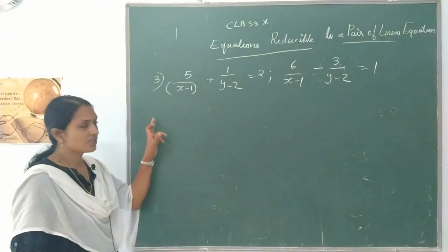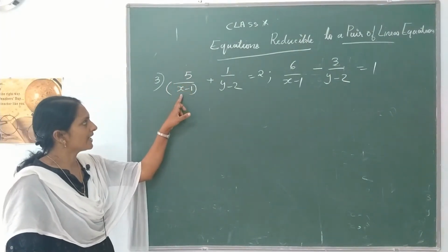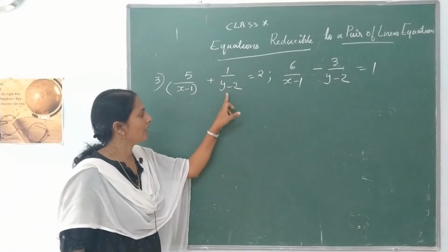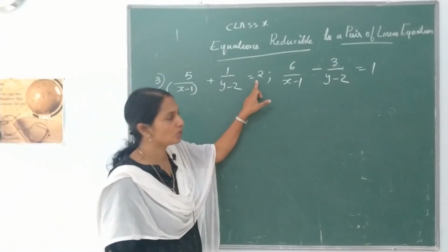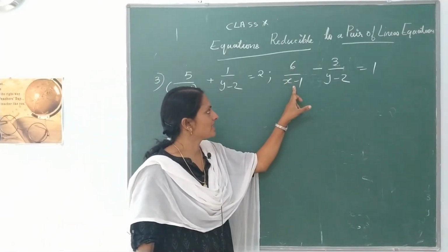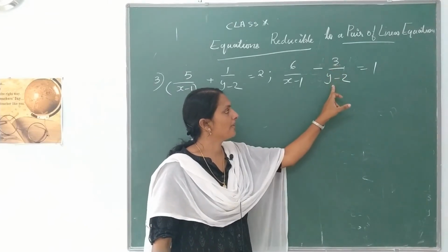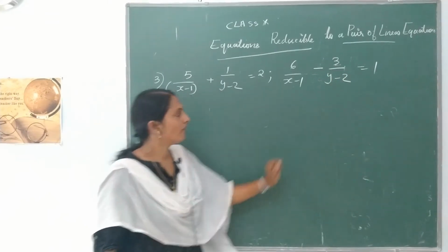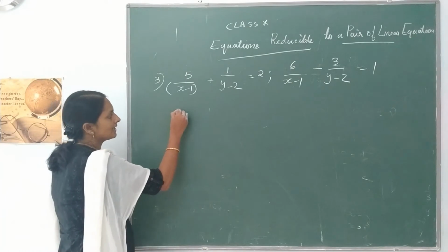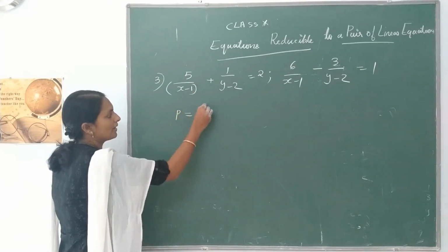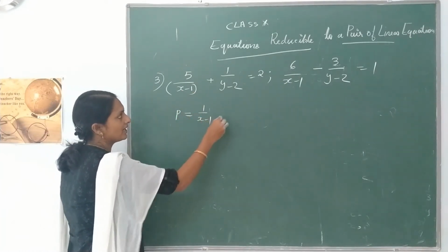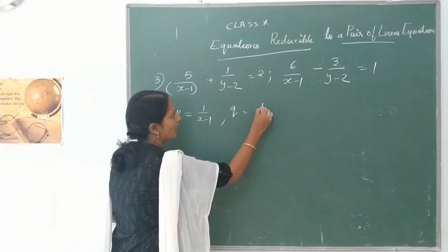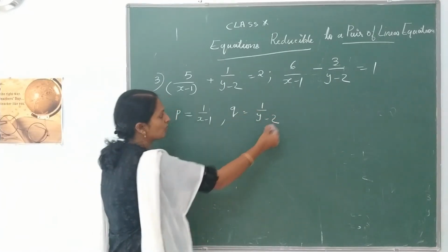That's all. Next question, 5 by x minus 1 plus 1 by y minus 2 is equal to 2, and 6 by x minus 1 minus 3 by y minus 2 is equal to 1. Then consider this as p as 1 by x minus 1 and q as 1 by y minus 2.